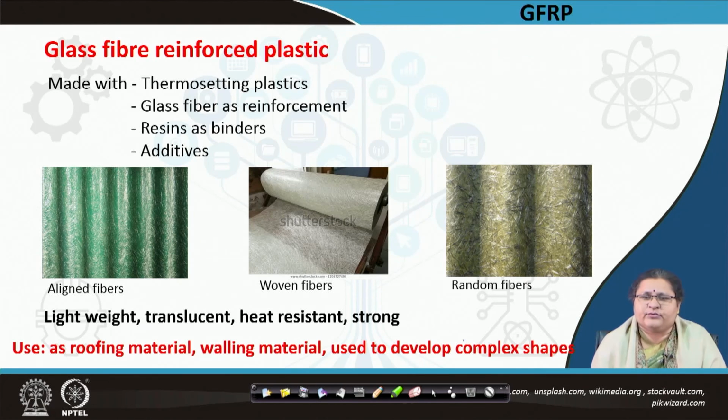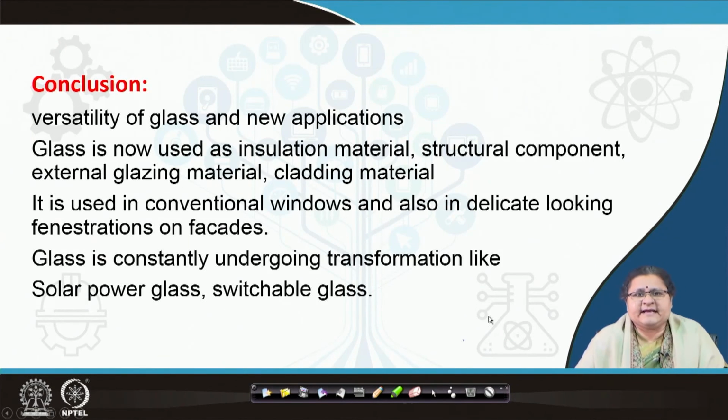But whenever we are looking into glass, whenever the researches are being explored, we can find the use of glass is happening in various domains. So, we can see that glass has a versatility and we are getting newer applications. Glass is nowadays used as insulation material, structural component, external glazing material, cladding material, other than the conventional windows and the delicate looking fenestrations on the facades.